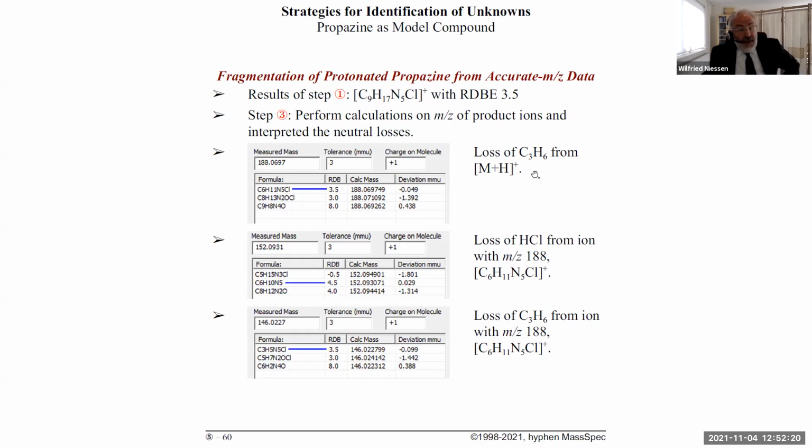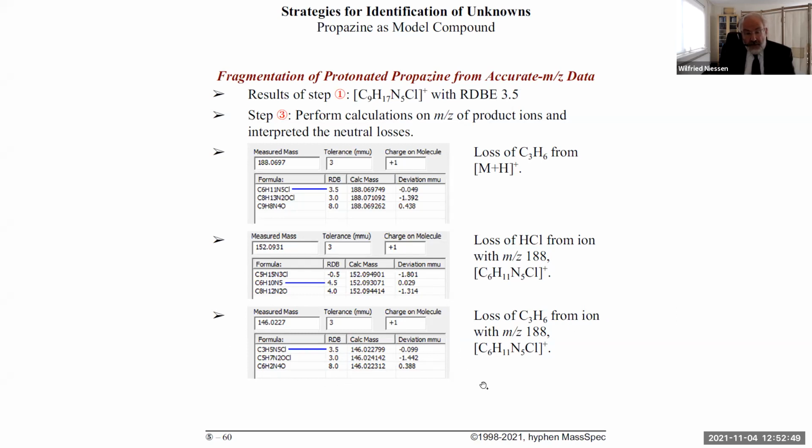From looking at what I get, I come to the conclusion that the correct elemental composition is this one, indicating the loss of propene, as we already said when we looked at the exercise of this one earlier. And the same I do for the 152 and for the 146.